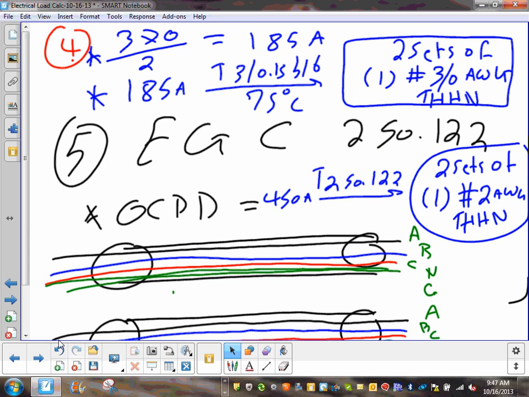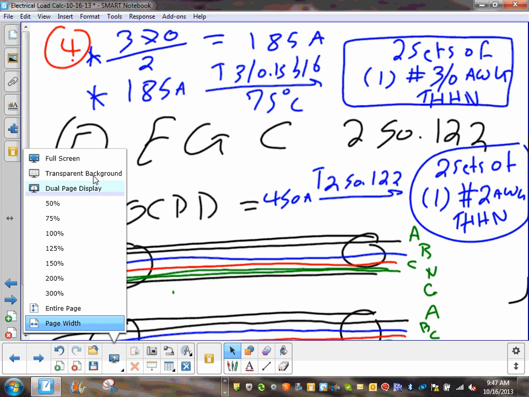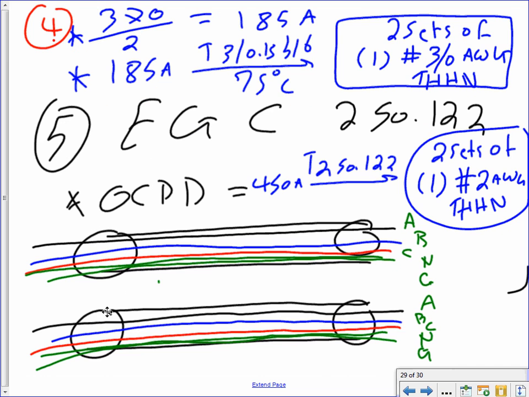So my conduit, ladies and gentlemen, would be 2.5 inch EMT.